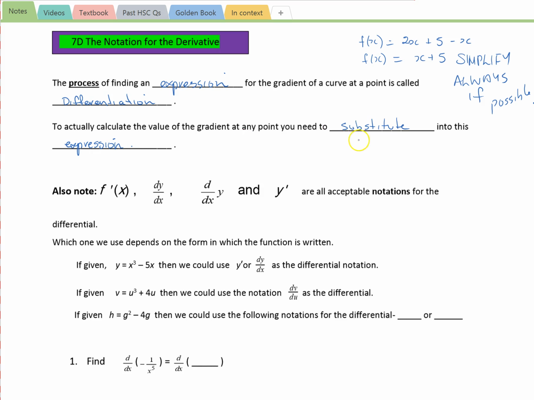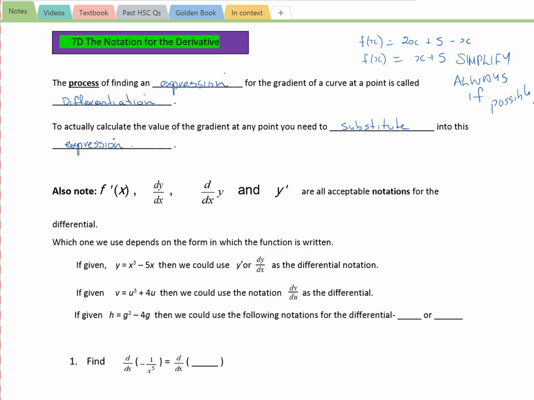If that is the case, then you need to know where you're at, what the x value is, and you substitute that into your gradient expression. You've seen this notation, f dash x. You've heard me say dy dx. d dx of y is also acceptable, and y dash. So they're your different ways of writing the derivative expression.